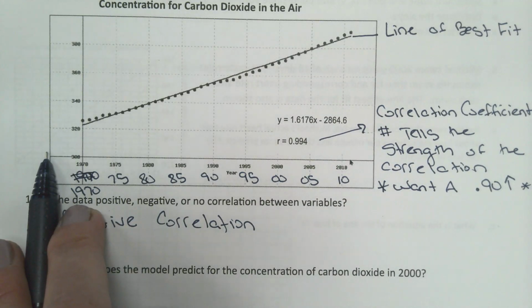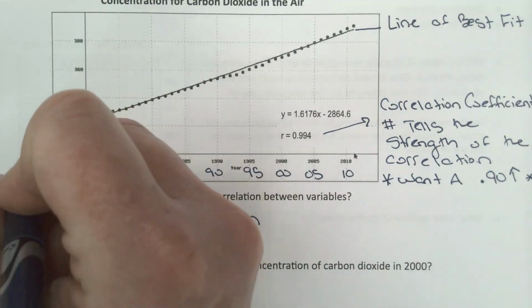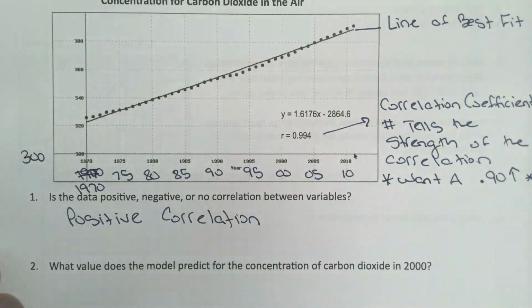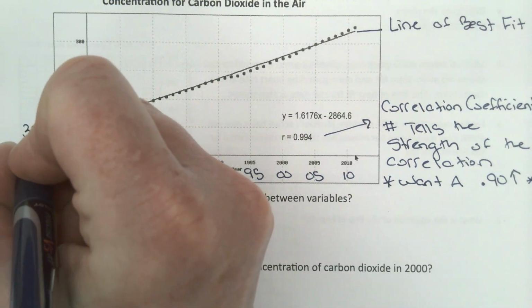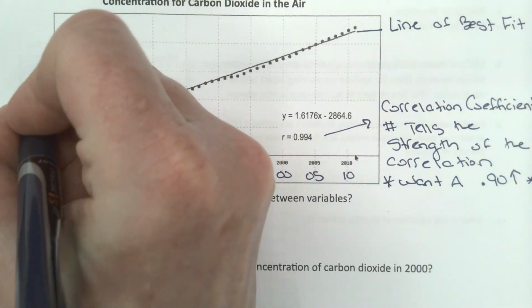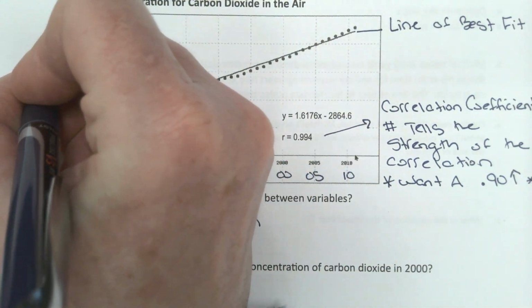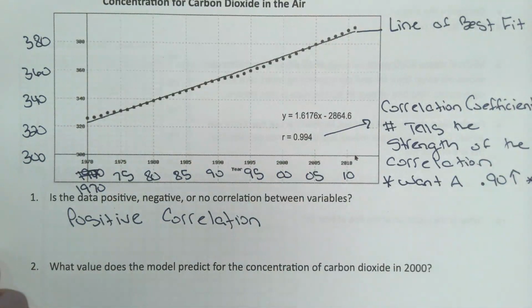This y-axis right here, in case you can't read that, is at 300. There's 320, 340, 360, and 380. Those are what those values are on the axes.